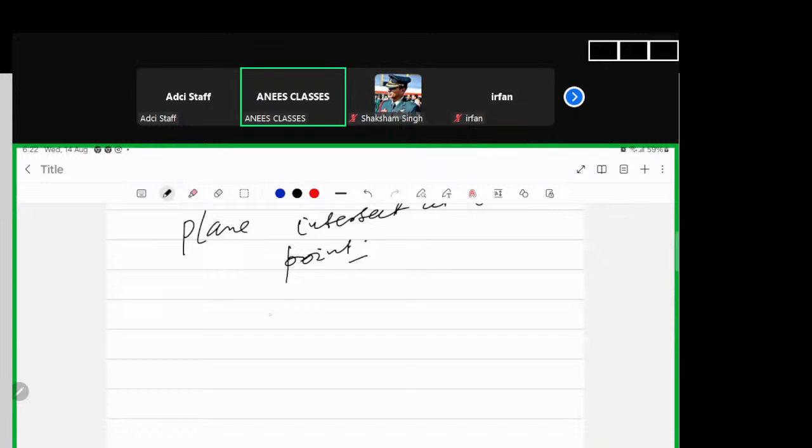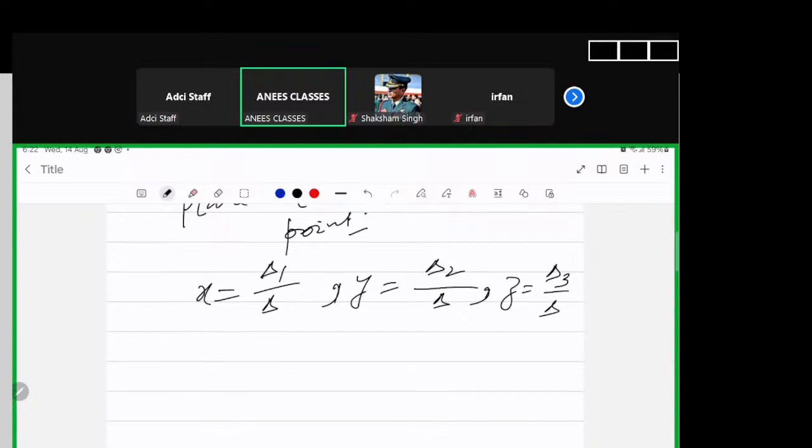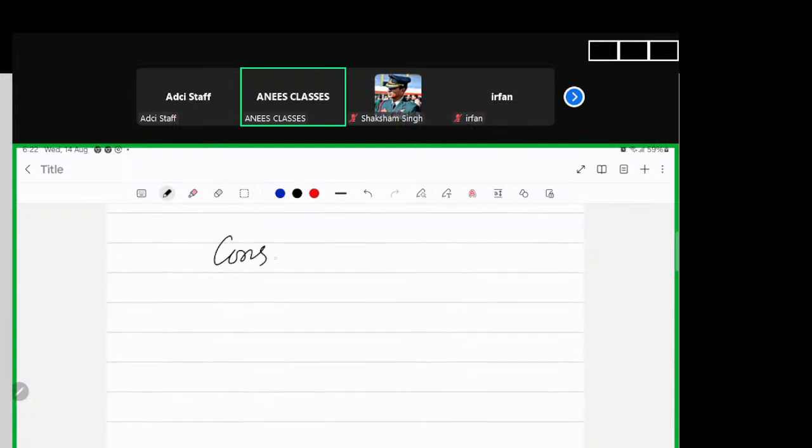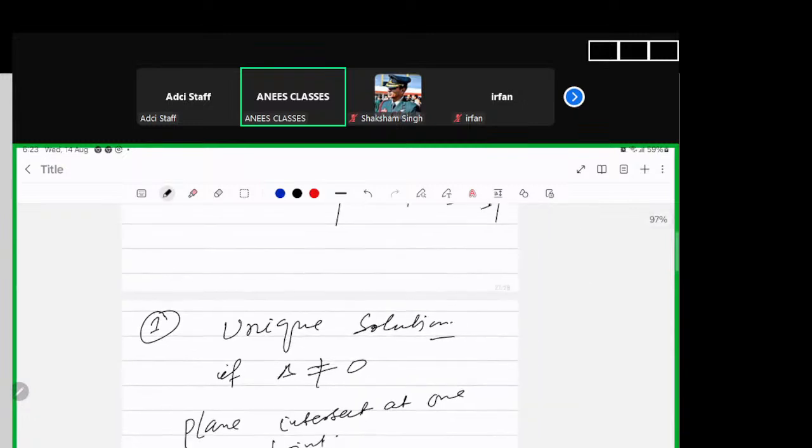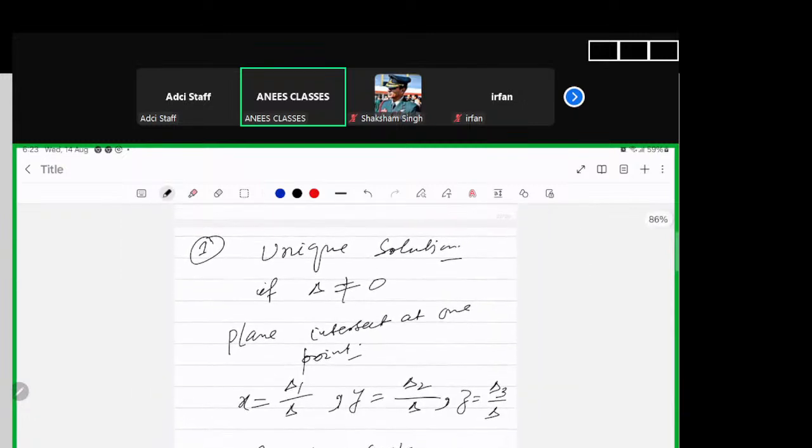That means x will be delta 1 upon delta, y will be delta 2 upon delta, and z will be delta 3 upon delta. This is called a consistent system. Understood, Saksham? Yes, sir.